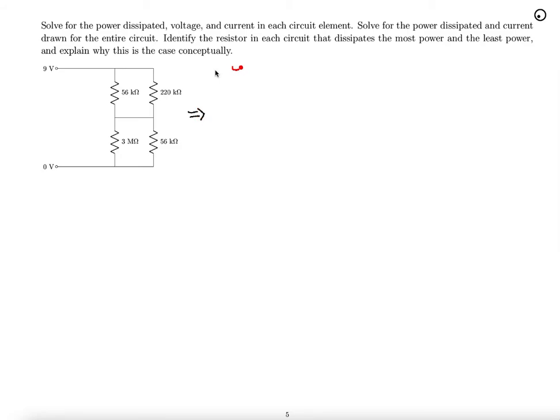We're going to start with making an R1 equivalent and an R2 equivalent from the supply to 0, in R1, R2, R3, and R4.